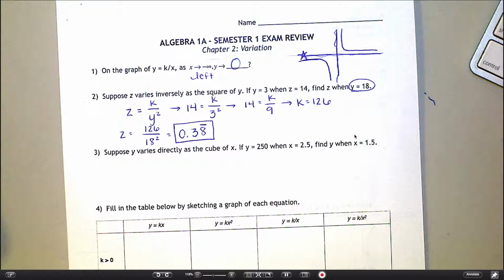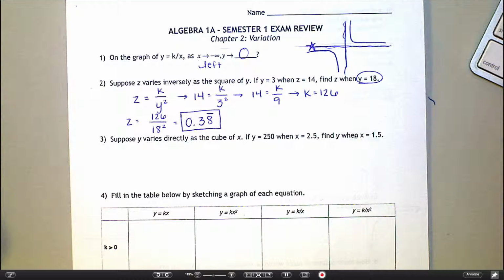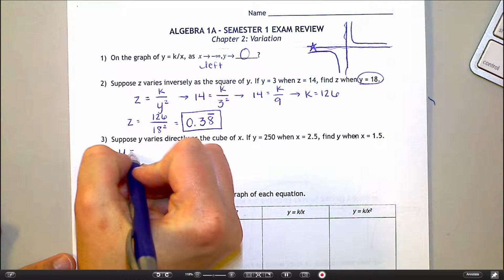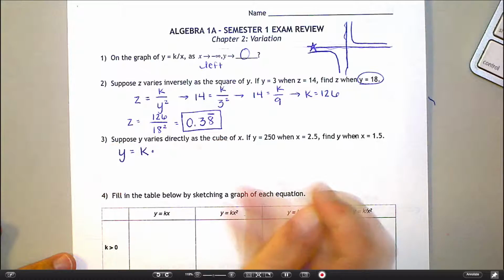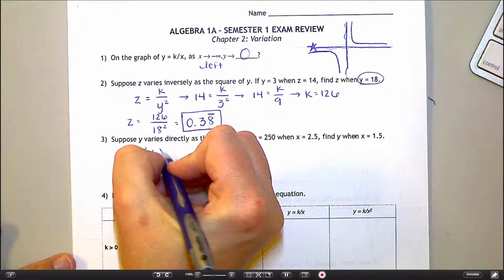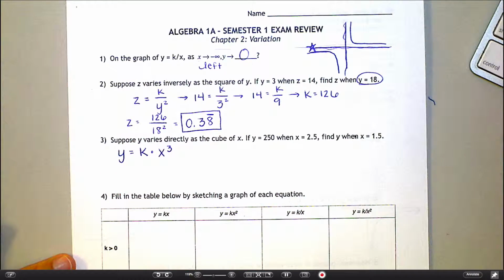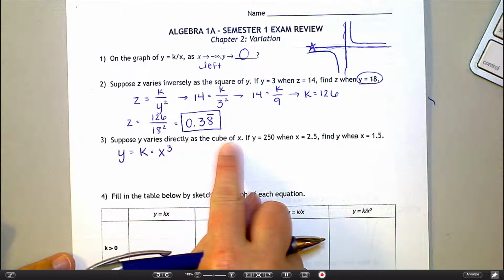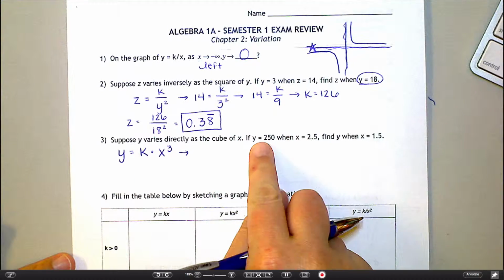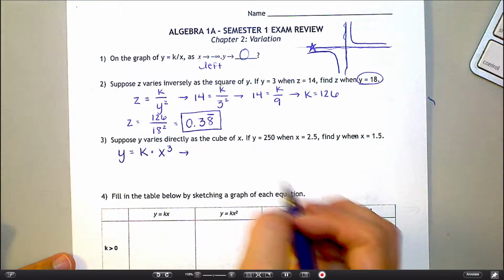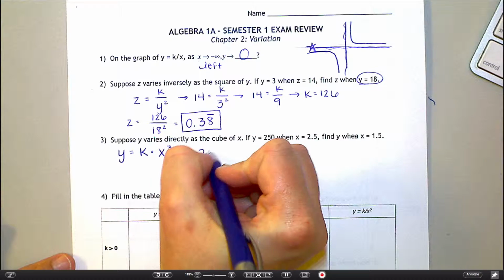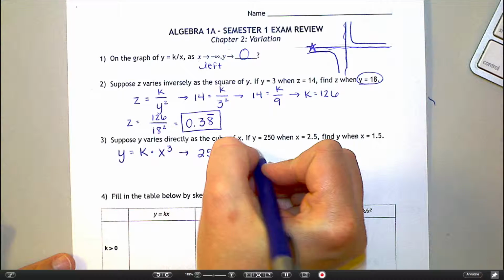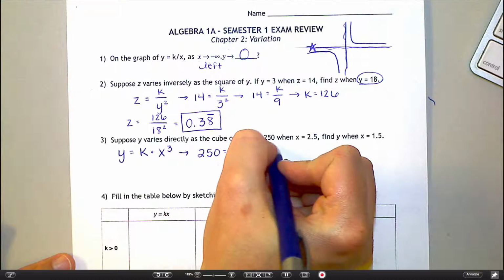Okay, so number 3, kind of the same thing, except this time we're doing direct variation. So y varies directly, meaning y equals k times something, as the cube of x. So start with my general setup. That comes straight from this variation sentence. Now I'm going to plug in the 250 and the 2.5. So y is 250 equals k times 2.5 cubed.